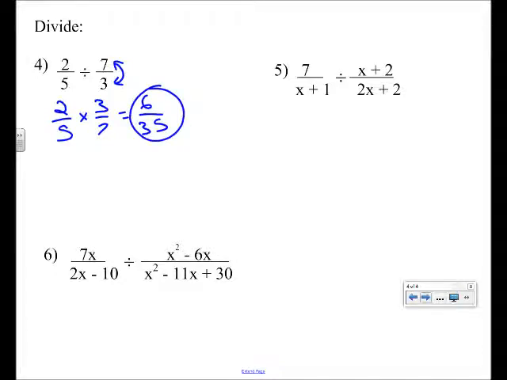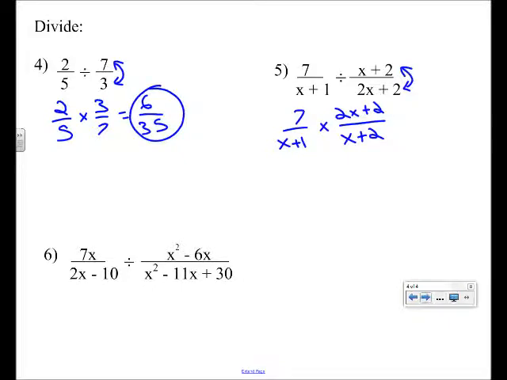Okay, that's pretty easy. We're going to apply that same principle over here. We're going to take and make a reciprocal out of that. Well, let's take 7 over x plus 1. We're going to multiply times 2x plus 2 all over x plus 2. Okay, well, we can certainly do that.